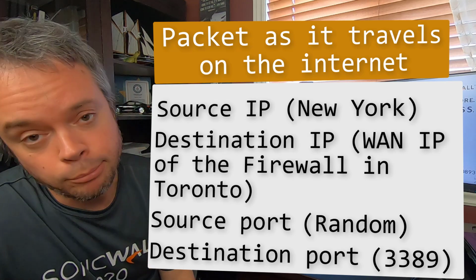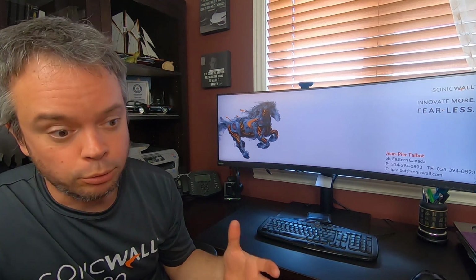The same goes for the example I'll do today. I will use my printer that has a web interface, so it is HTTP. HTTP is port 80, but port 80 is the destination port. It's not the source port. The source port will always be, again, a random port. It could be 43,873. So that will be the source port, and the destination port will be port 80.